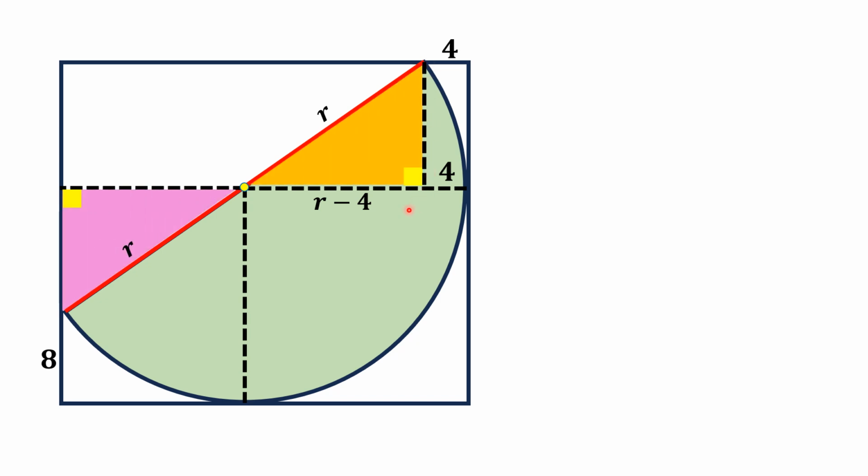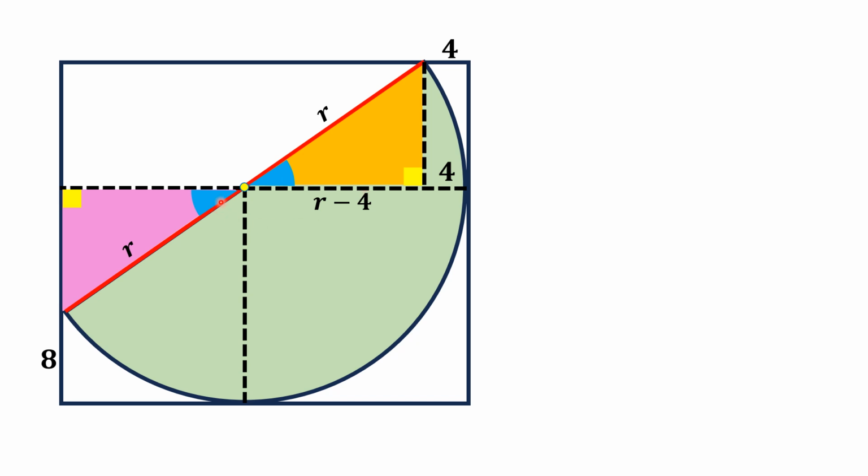Now we have two right triangles, mentioned as orange and pink. Now we find the correspondence between these two triangles. Since one angle of both triangles is 90 degrees, let me check this angle.